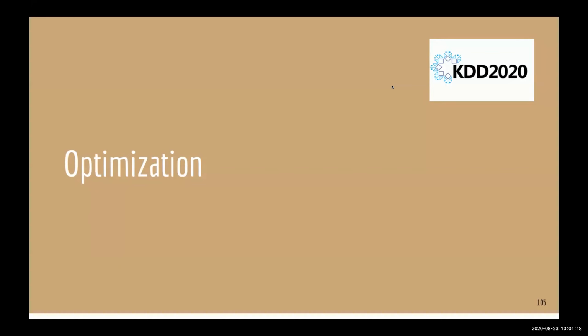So in the second half of the tutorial, I'm going to spend a little bit of time to talk about how we do optimization. Before I jump to details, just a reminder, this is a high-level overview. This is not going to cover all the topics, all the papers.